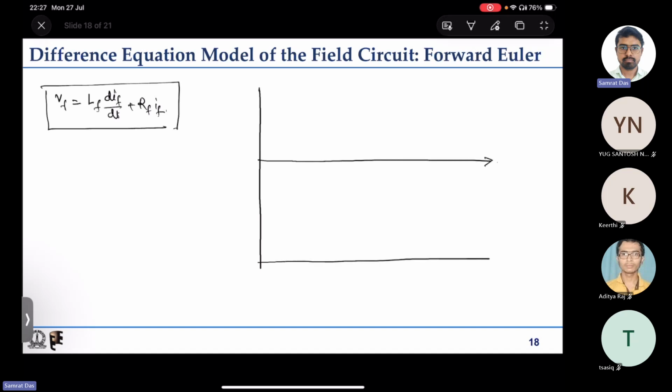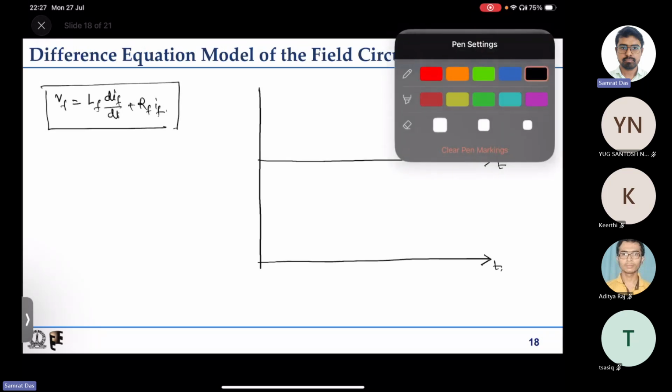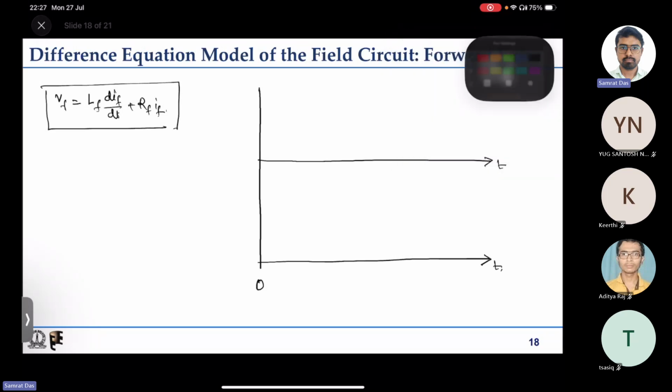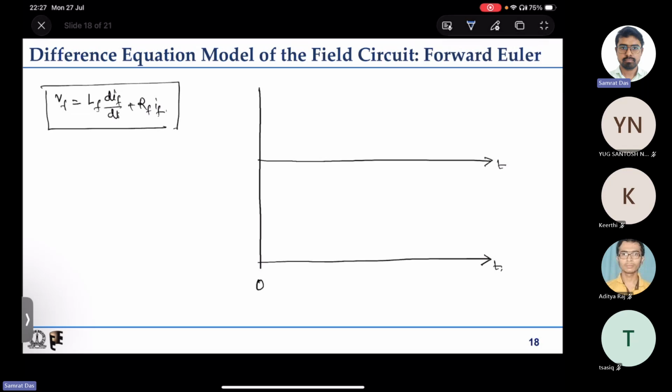Say this x-axis is time, starts at 0, and we do simulation with a certain step time. So say this is the step time duration. The SIMULINK solves the model that you have used only at these instances.